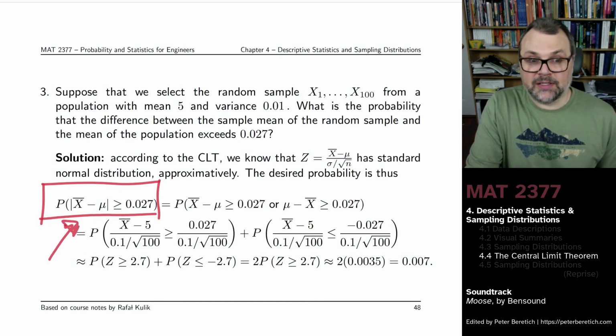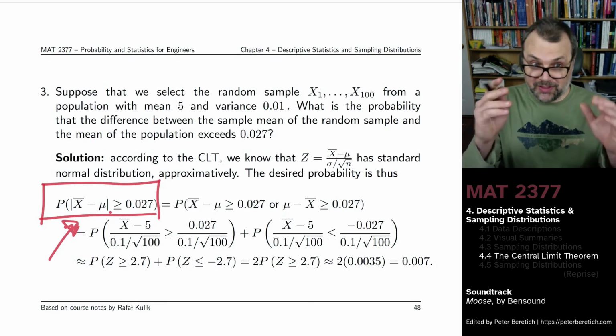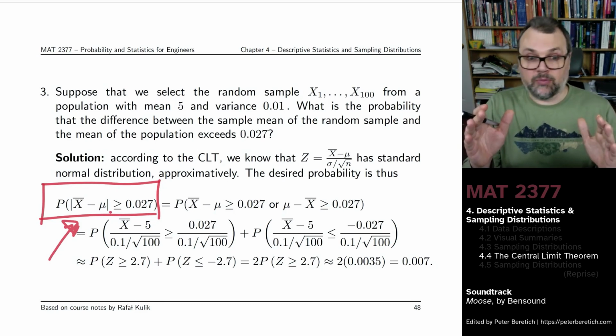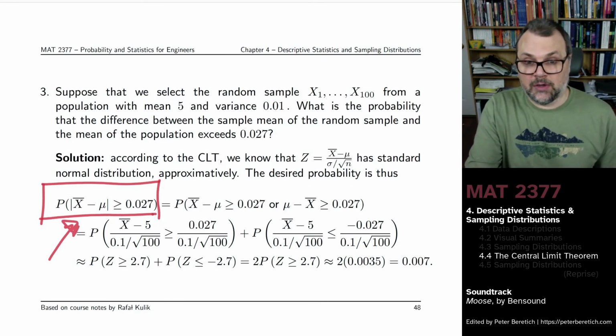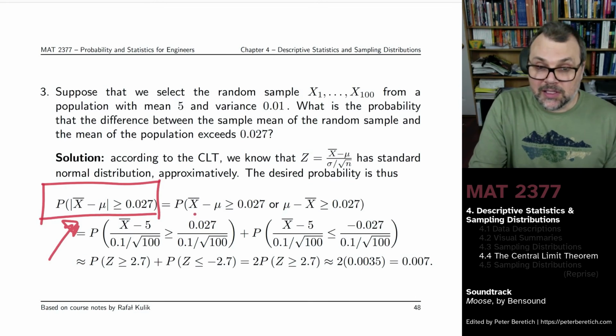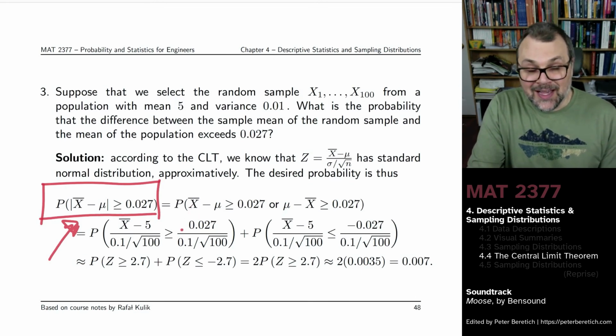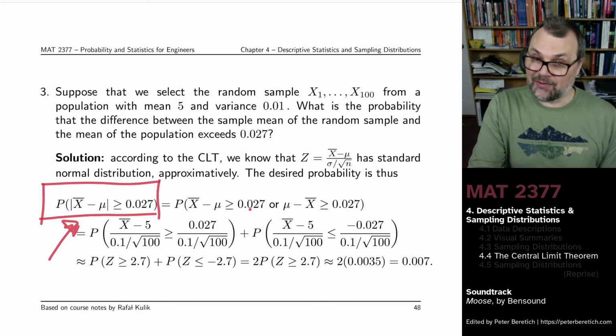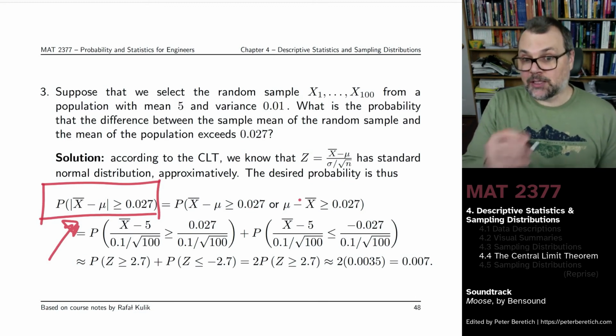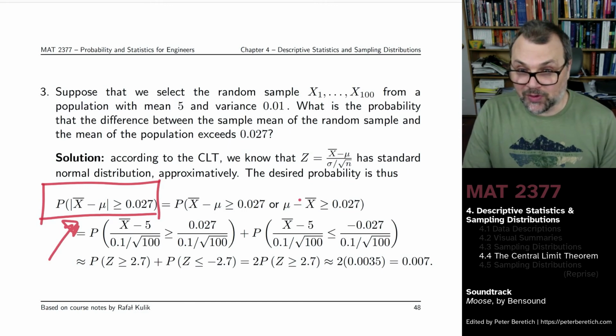What's the probability that the absolute value of x bar minus mu, so the difference between x bar and mu, should be greater than 0.027? And once you've written that properly, you recognize that this can be expanded and written as either x bar minus mu is greater than 0.027 or mu minus x bar is greater than 0.027.